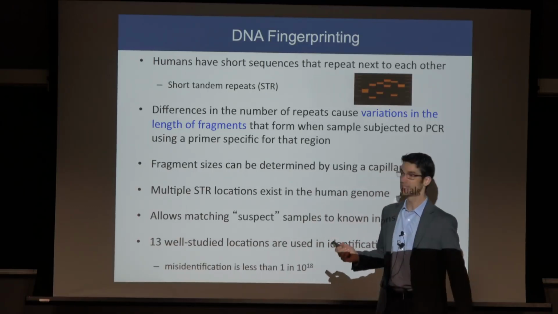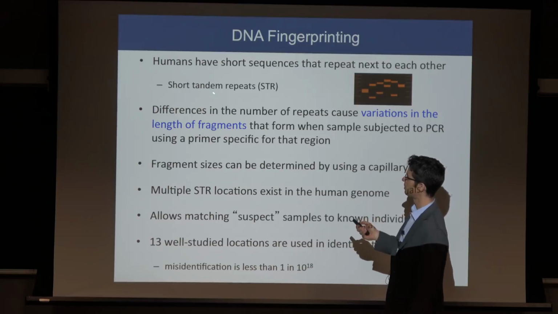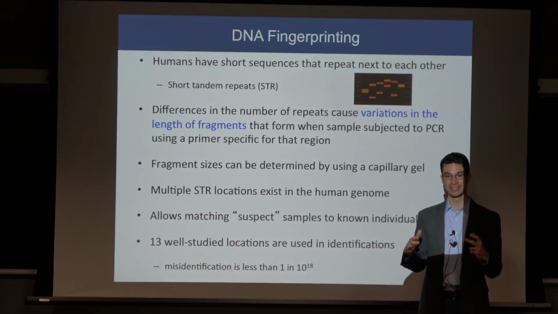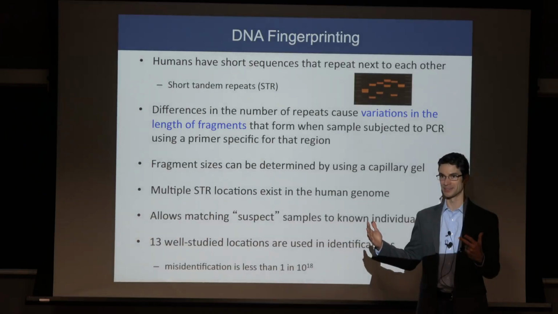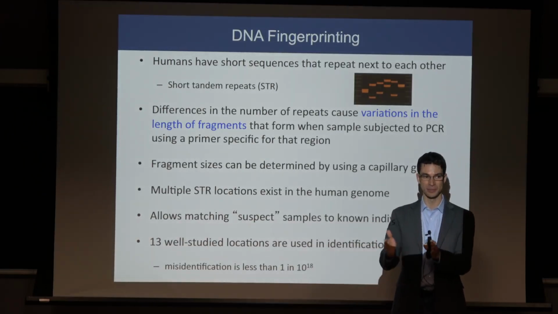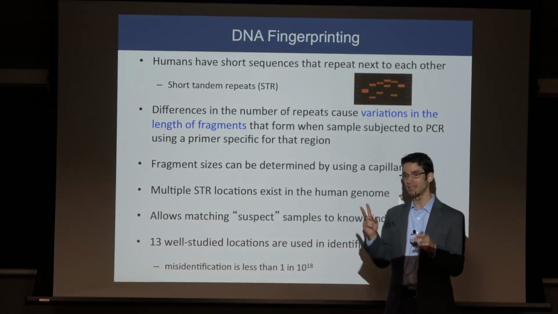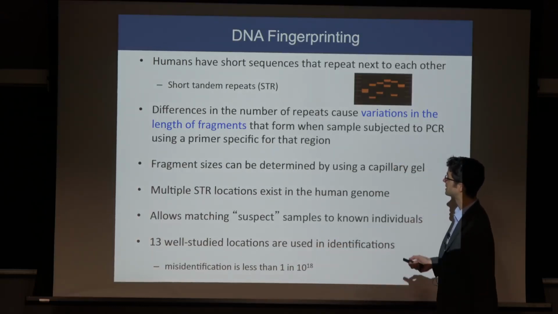So DNA fingerprinting is based on the idea of short tandem repeats that are not necessarily useful, although I don't know, it's probably too early in the history of science to say what's useful and what's not. But we have these short tandem repeats in several different locations in our genome, and they can be cut out by something called restriction endonucleases.